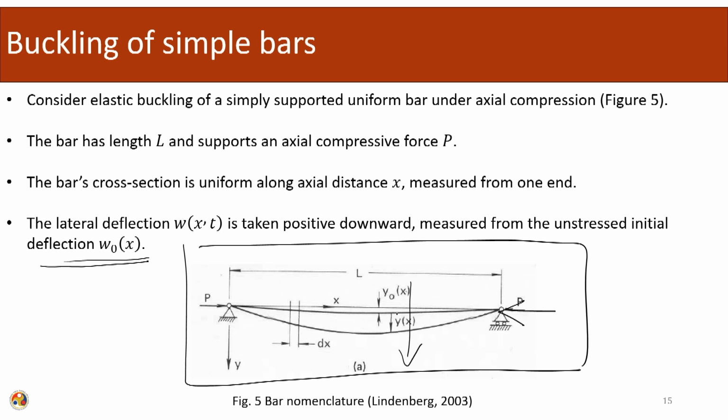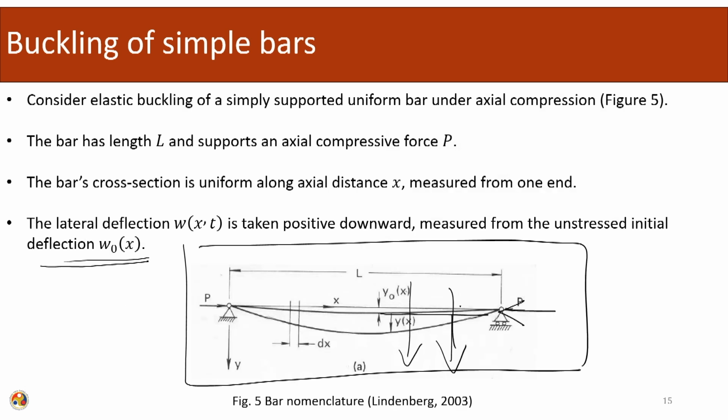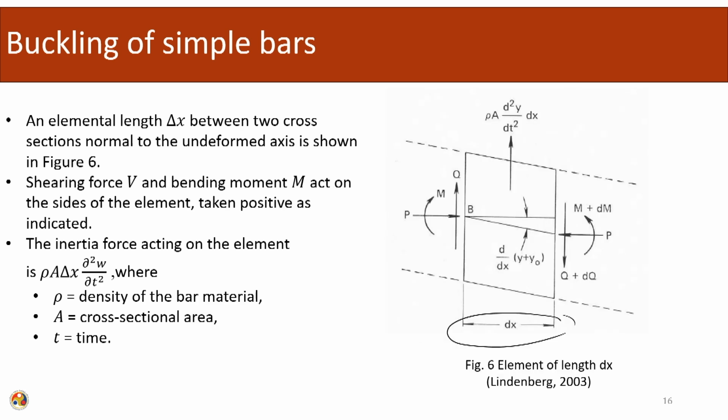So, y was taken from the static equilibrium position. After that we took out a differential element, we cut a chunk of the differential element out here, and then we applied the equilibrium conditions.